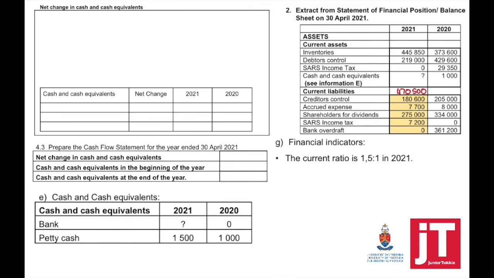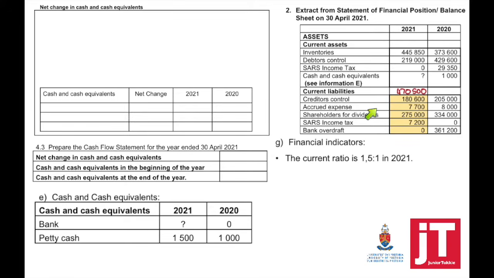So to solve this, we need to use the current ratio. Take note of how ratios can be incorporated into the cash flow statement as well to find the missing figures. Current ratio is calculated by taking your current assets divided by your current liabilities. I can solve the current liabilities.